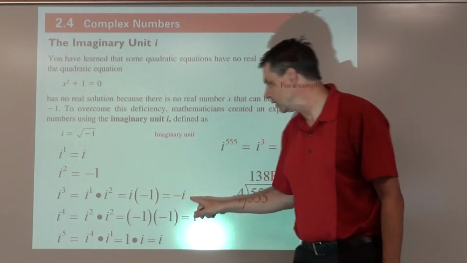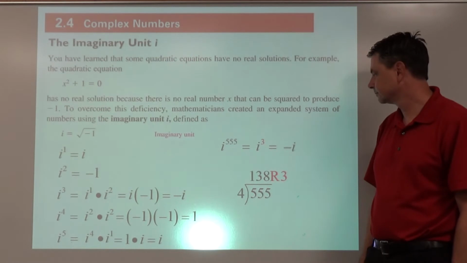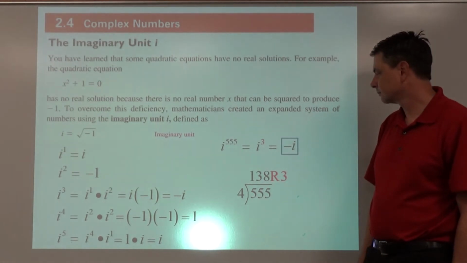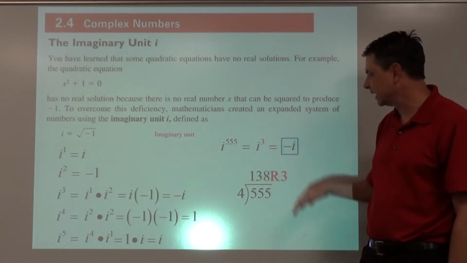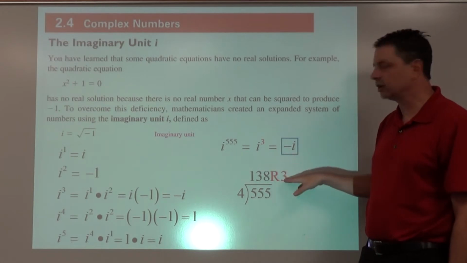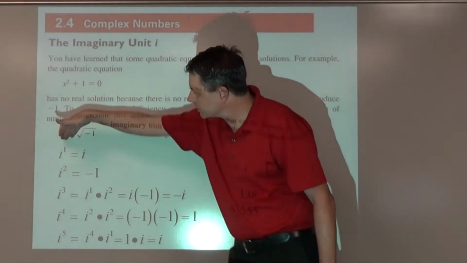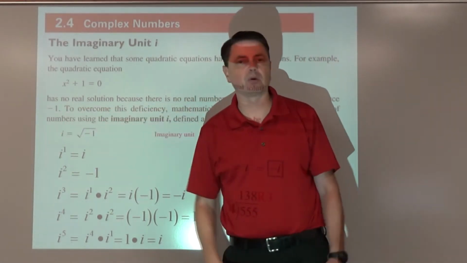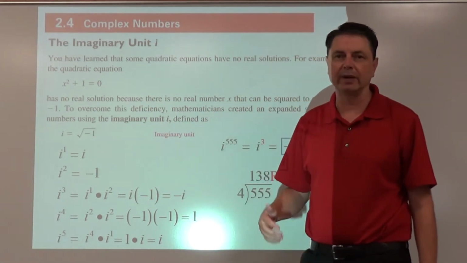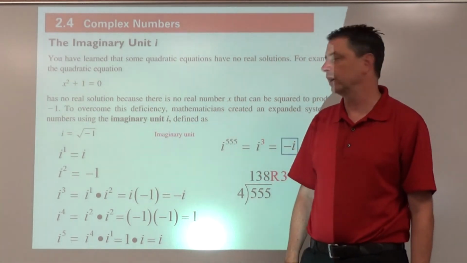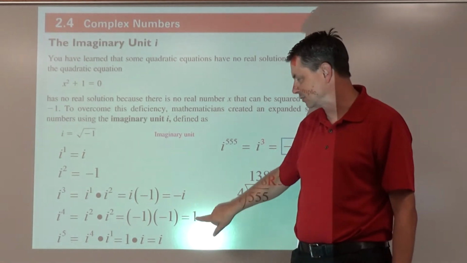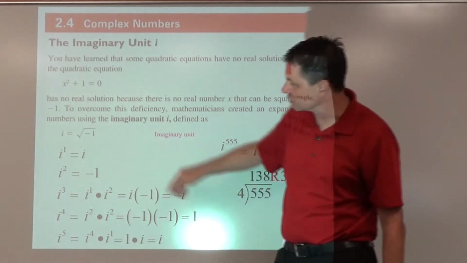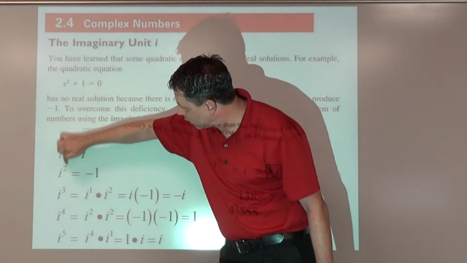And i to the third power is negative i. So you're going to see why in a second that works. One other thing, you could get a remainder of 0. So if we work this backwards, i to the 0 power, well, remember, anything to the 0 power is always 1. That's the 0 exponent property. So that takes us back to the same thing as i to the 4th power. So really, your remainders could be 0, 1, 2, or 3.